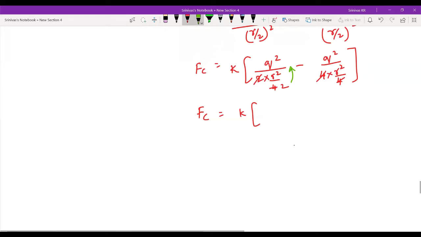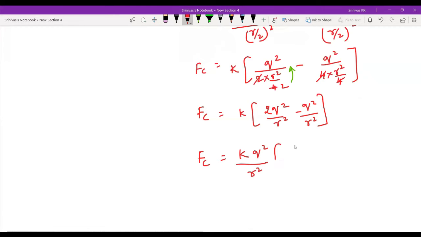So 2q square comes, I get it as 2q square by r square minus q square by r square. So take common k q square by r square, 2 minus 1, so 2 minus 1 is 1.